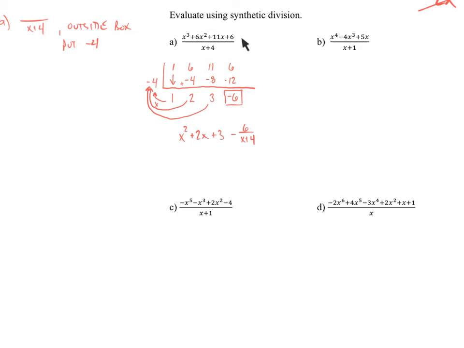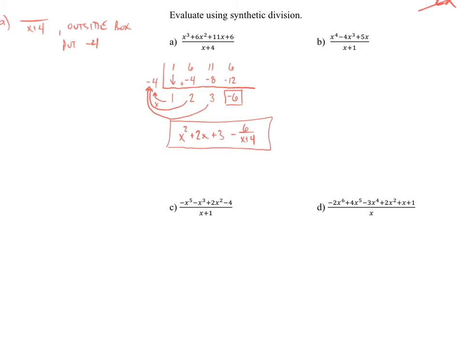So if this is a cubic and we divide by a linear factor, it's going to turn into a quadratic. And if I then divide this quadratic by a linear factor, it's going to turn into a linear, right? So every time we do division, the power of our polynomial decreases by 1. So it's a really quick way to do division, and your answer is just x squared plus 2x plus 3.